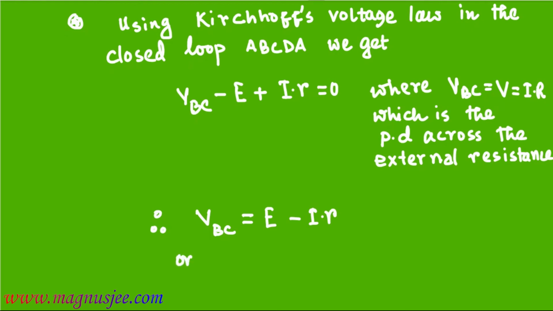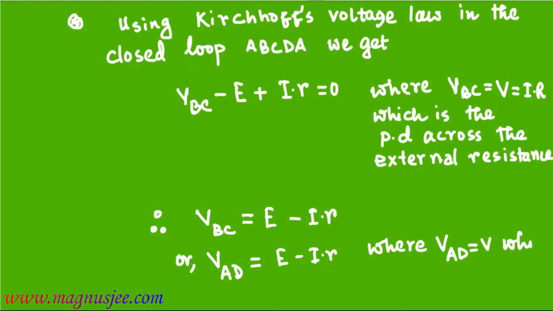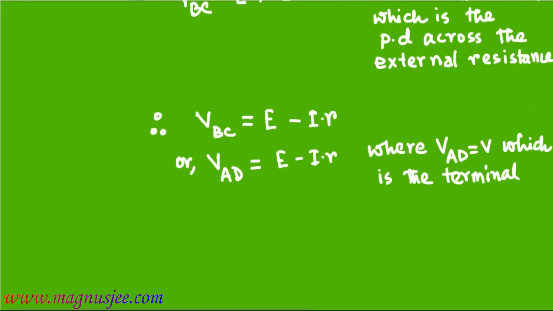In place of VBC we can write VAD equal E minus I dot r, where VBC equal VAD. The potential difference between the two points A and D is also V. VAD equal V, which is also the terminal voltage of the cell.